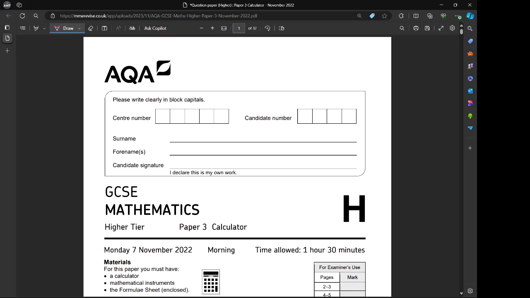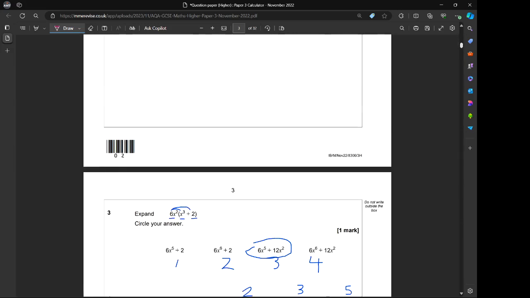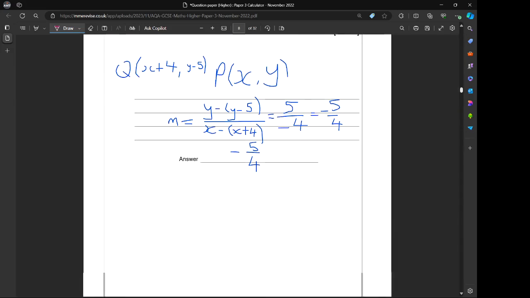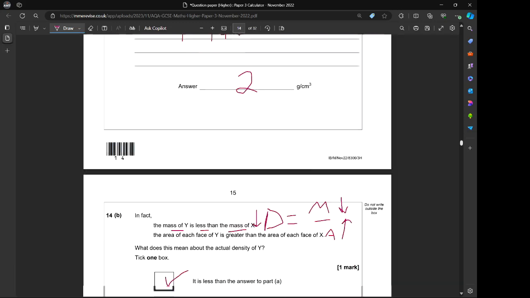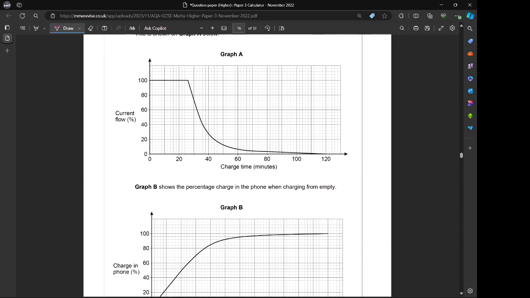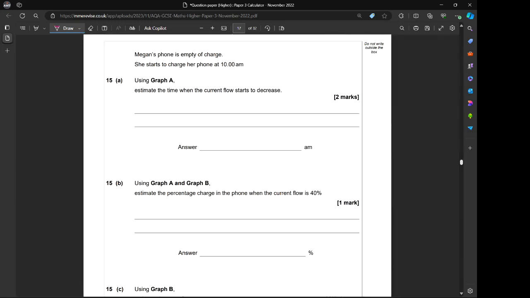I missed out, I think, 2 questions in this paper, but we should be okay. One of them was a graph question, which I can do on a video if you want, later on tonight or tomorrow morning, because it requires reading from a graph.